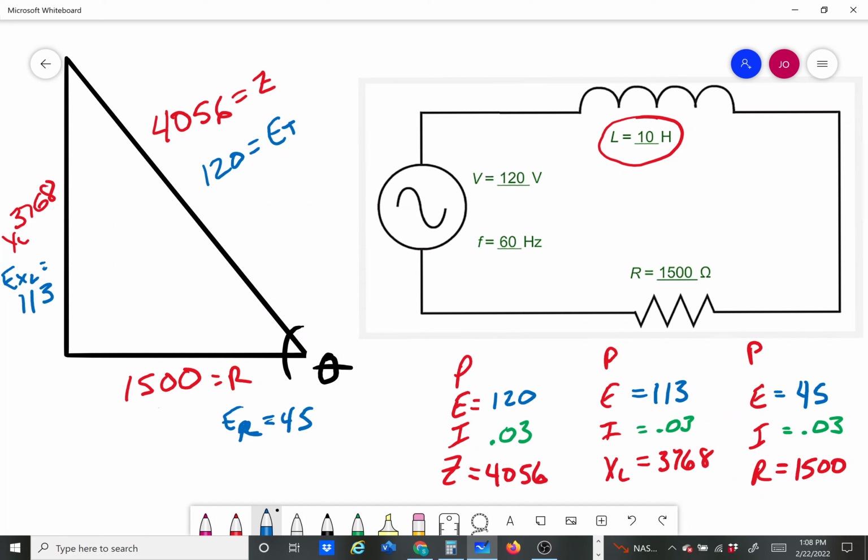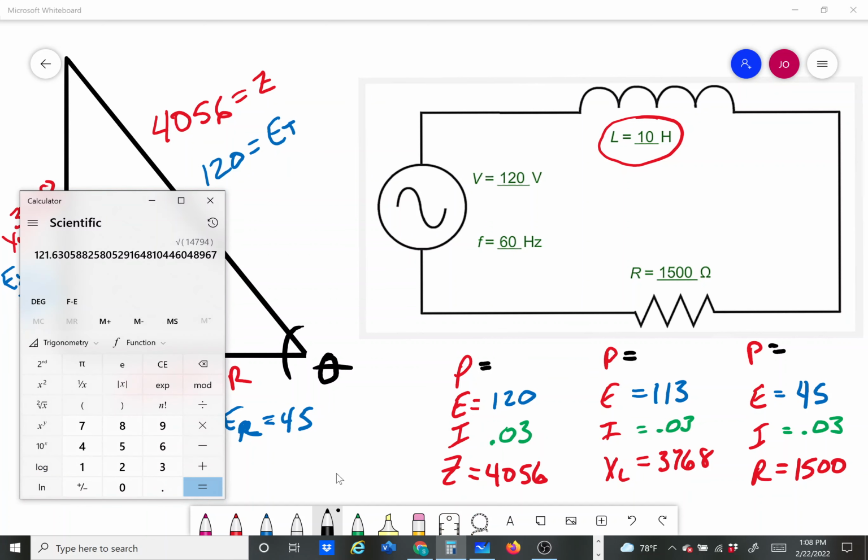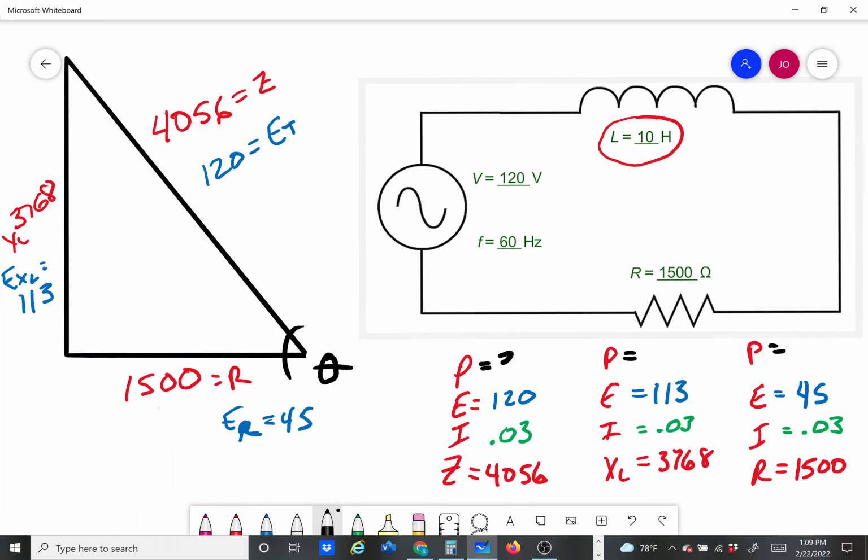All right, so last but not least, we're going to figure out what our power consumed is. And our power consumption is going to be the exact same thing. We are going to use our calculator, and we will see that our total power, 120 times 0.03, because it's I times E, right, is 3.6 volt amps.